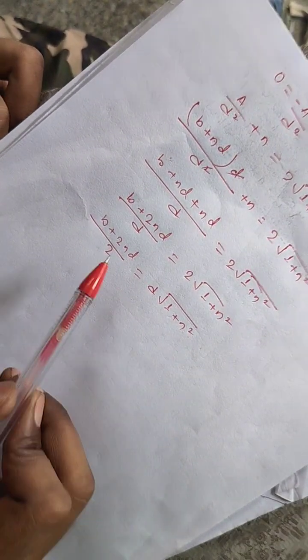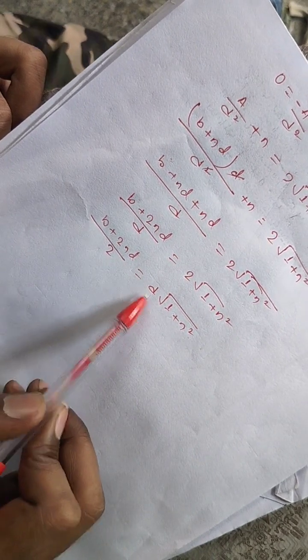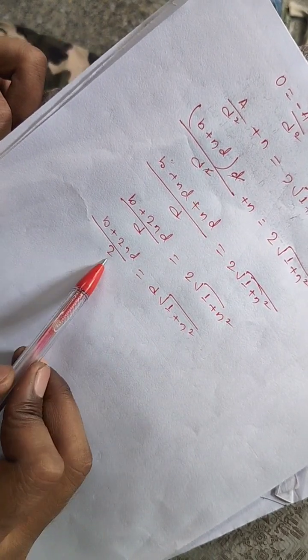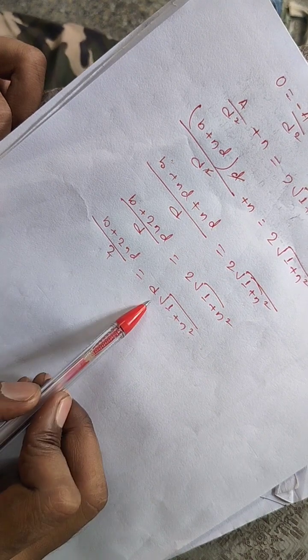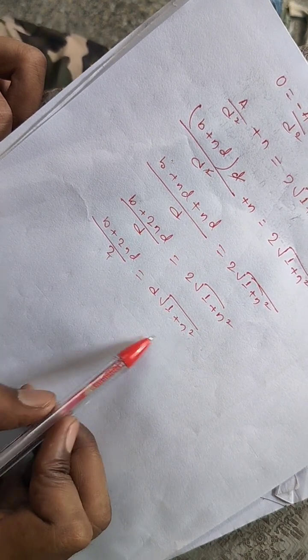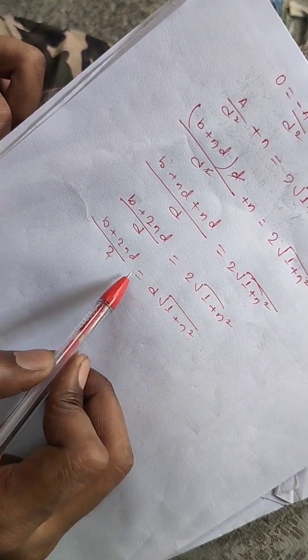Here we got the condition that B plus 2nD by 2 equal to D times root under 1 plus n square. This is the half top width of the section, and this is the one side of the side slope, which must be equal.